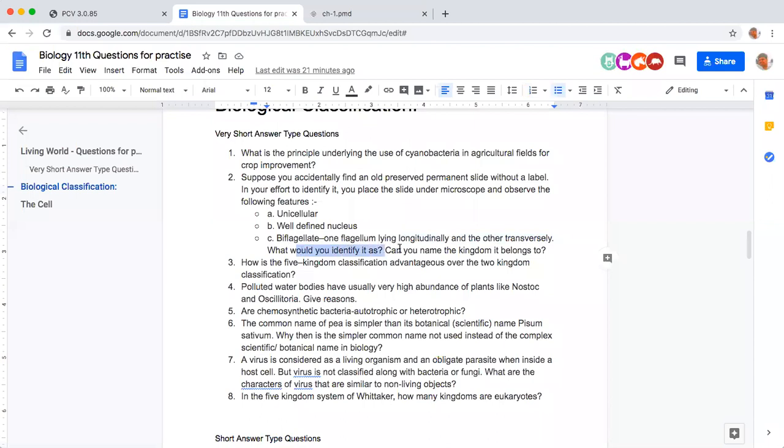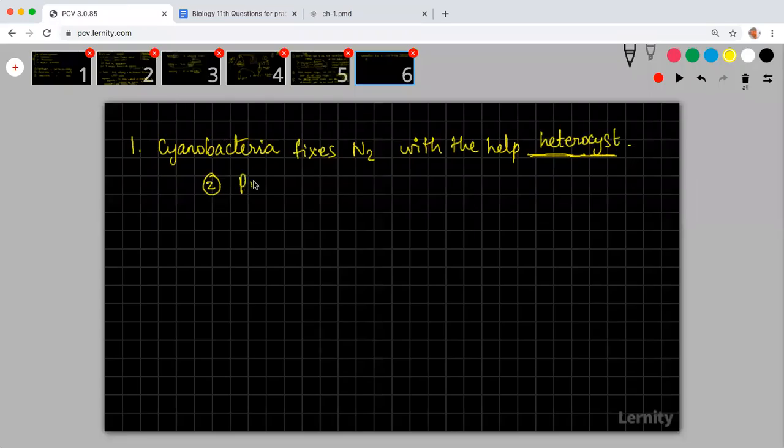What would you identify it as? Can you give the kingdom to which it belongs? If it is unicellular with a well-defined nucleus, it is Protista, and since it has two flagella, it is called a dinoflagellate. So the answer is Protista, dinoflagellate.